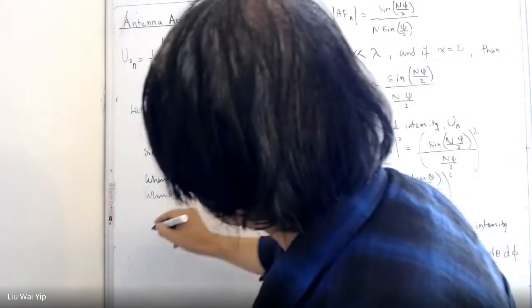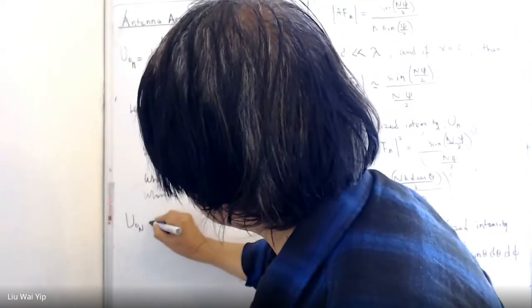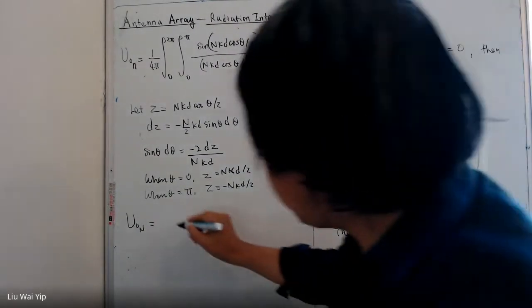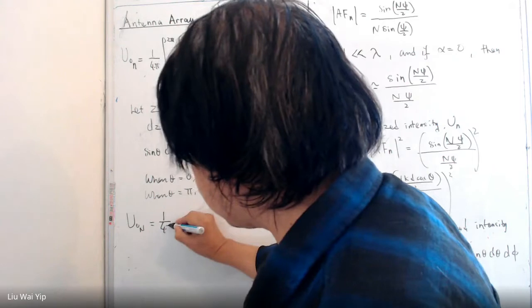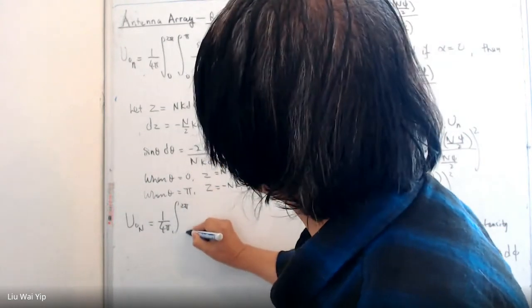U average N is equal to 1 over 4 pi, and then we have 2 pi here.